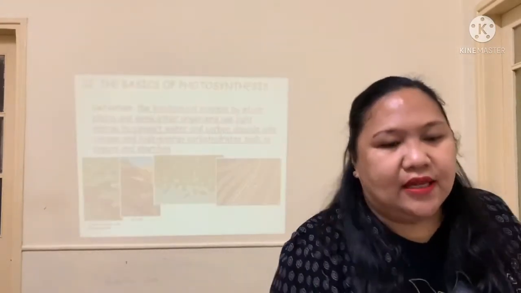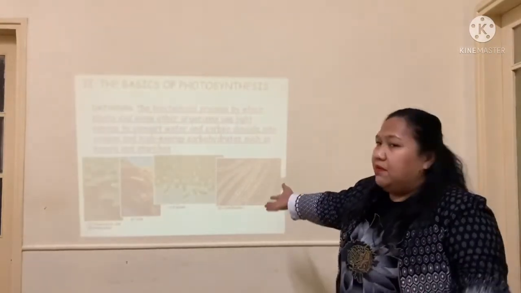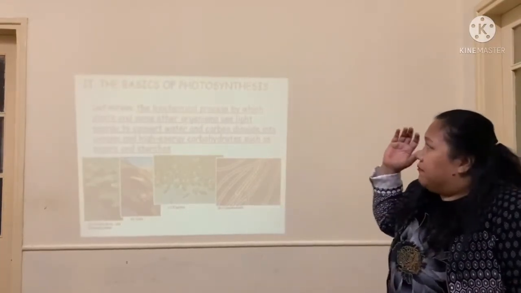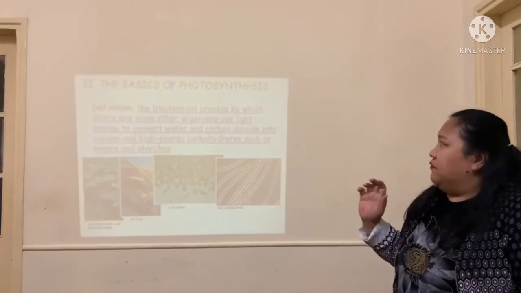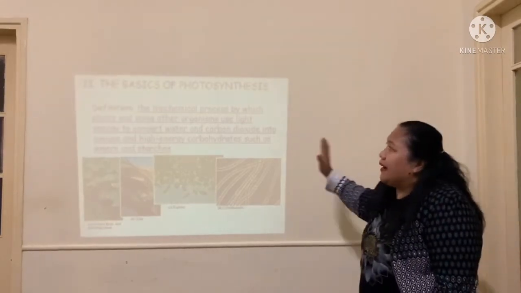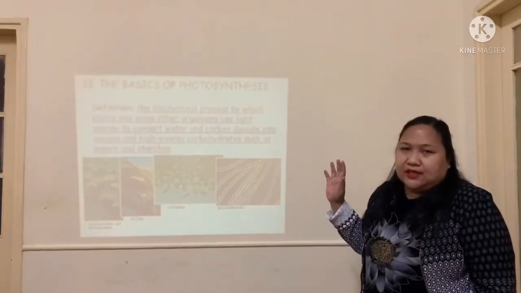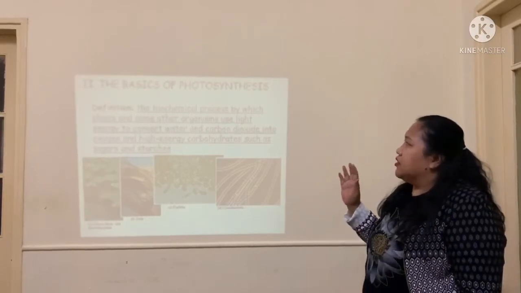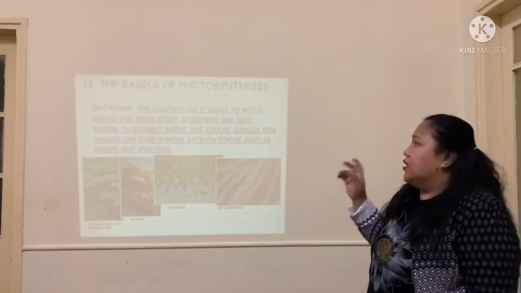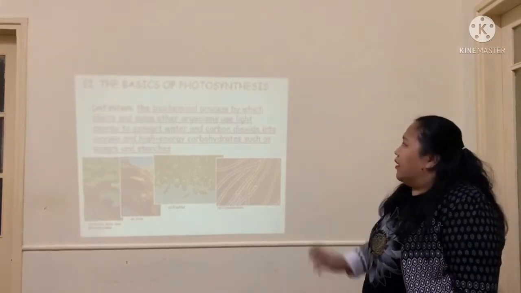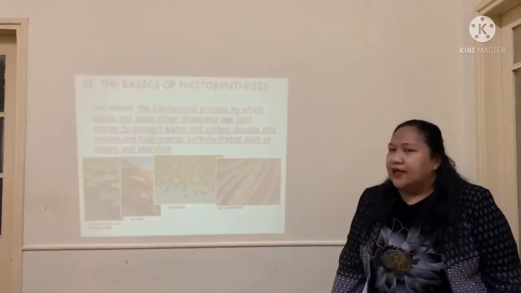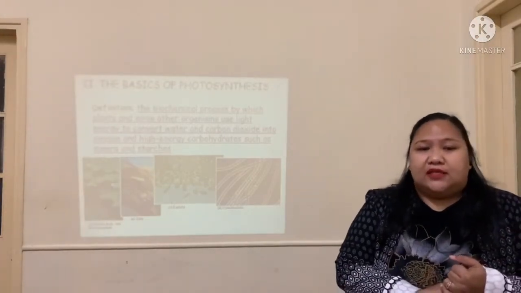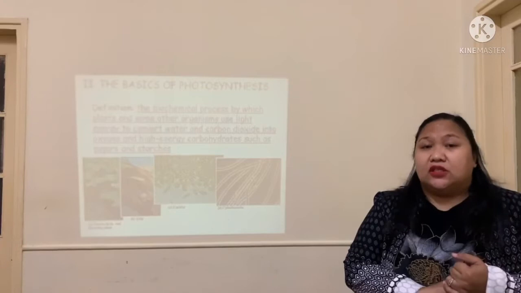Thank you for that answer. So, based on the definition given by your classmates, photosynthesis is a biochemical process by which plants and some other organisms use light energy to convert water and carbon dioxide into oxygen and high energy carbohydrates such as sugars and starches.